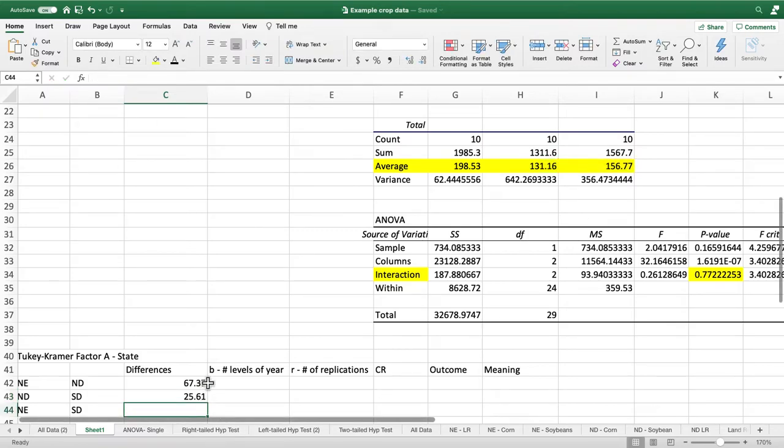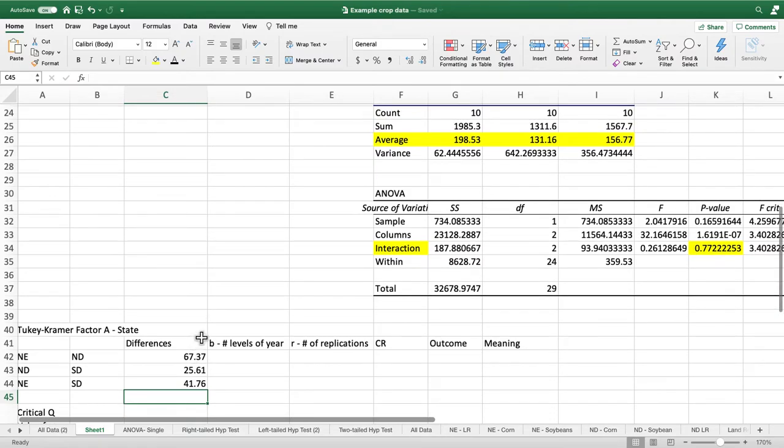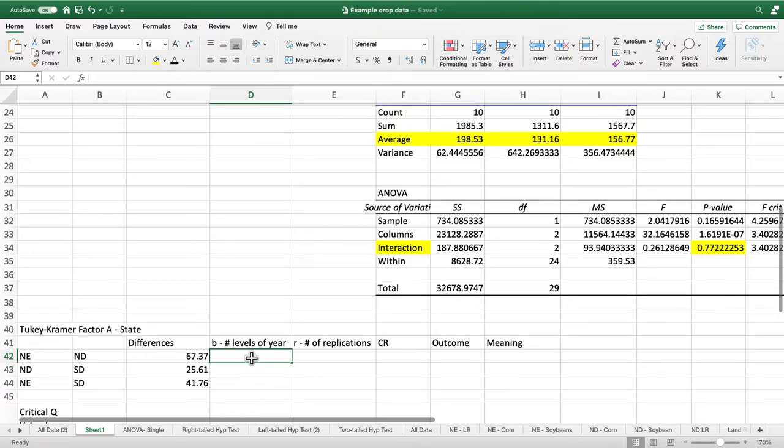Close that. Type it in again. Absolute value, Nebraska minus South Dakota. So those are our differences. The number of levels of year, well, we have 2 years, so that's just going to be 2 all the way down. We have 5 replications, so that's 5 all the way down.